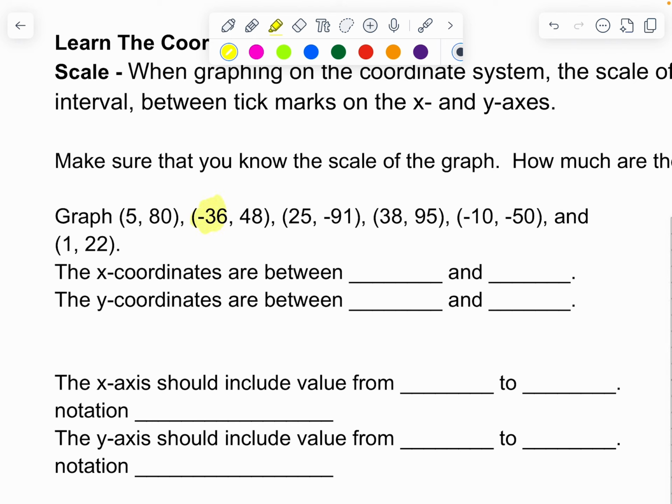I have a negative 36 and the highest is 38. So I'm going to need to go from at least negative 40 to at least a positive 40. Then if I'm looking at the y values, the lowest one is a negative 91, and the highest looks like it's an 80. So we're going to need to go from at least negative 100 to a positive 100.